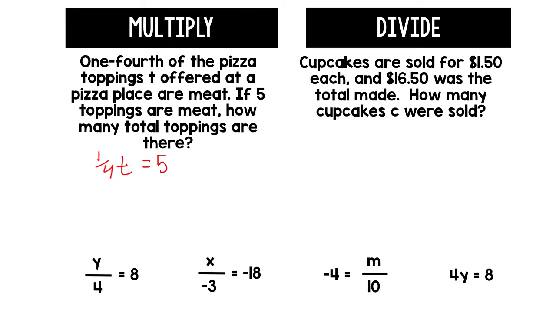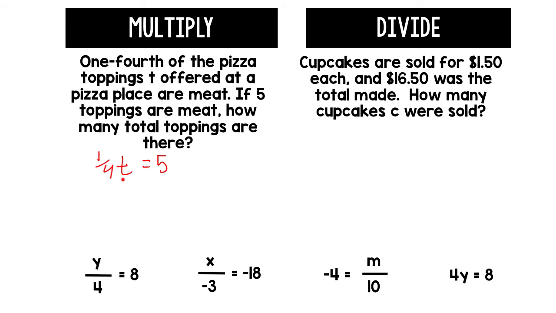Sorry, my cat's trying to pull all the carpet up. All right, so when we're doing T times 1/4, these are multiplied together, right? 1/4 and T are being multiplied together. So usually, if things are being multiplied together, the opposite of multiply is divide.